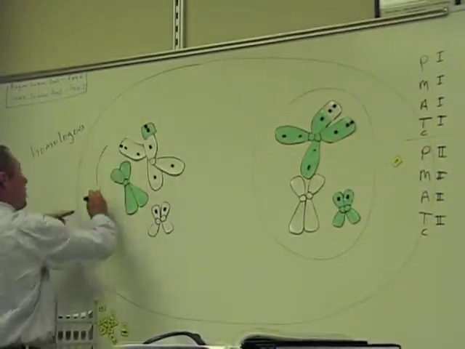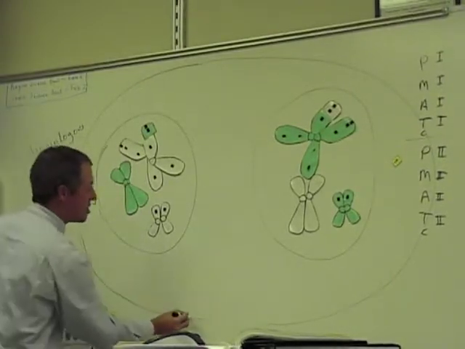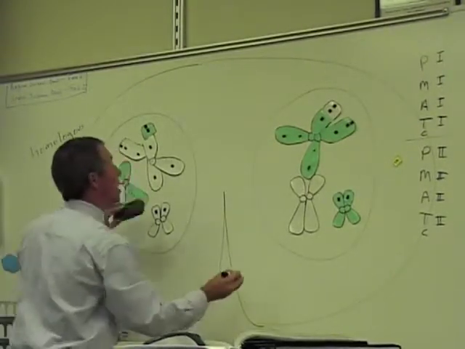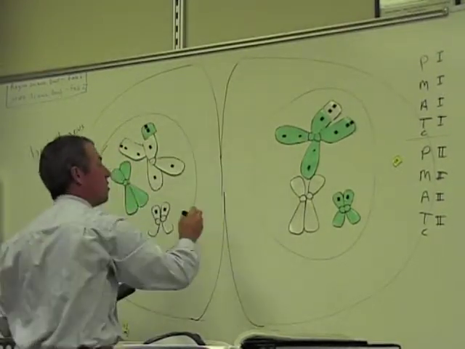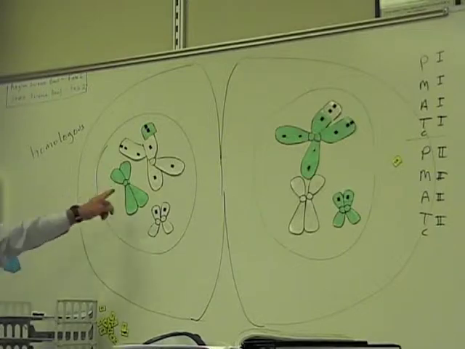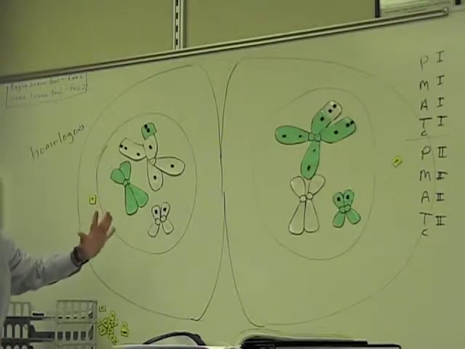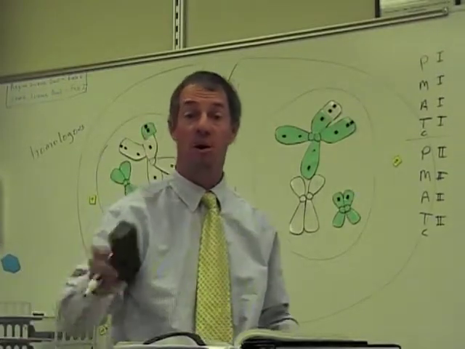And in cytokinesis, the cell pinches in, and we now have two cells. And notice, each has half the number of chromosomes as before. 1, 2, 3, not 6. 23 instead of 46. We're on our way to forming sperm and eggs.